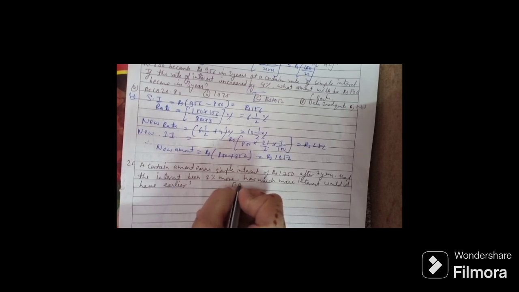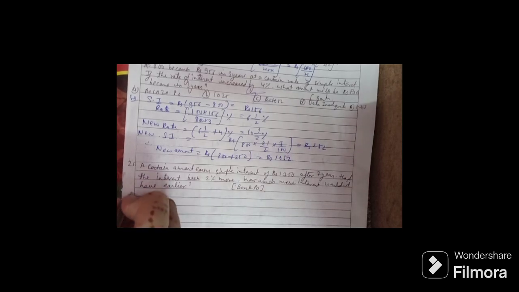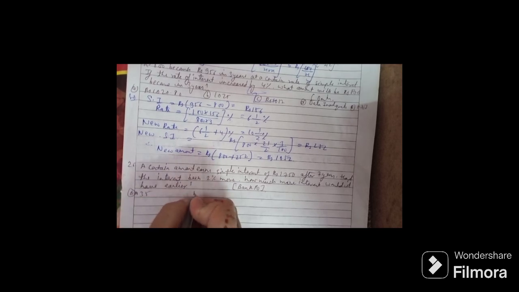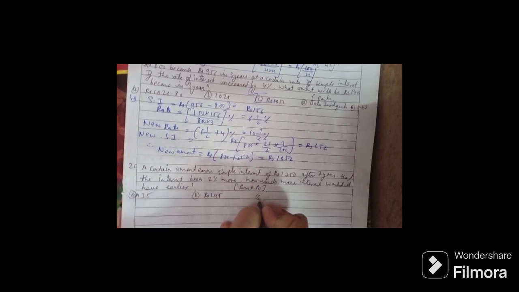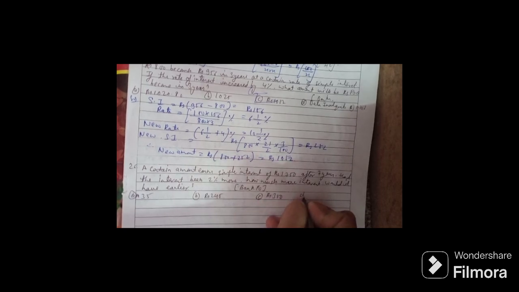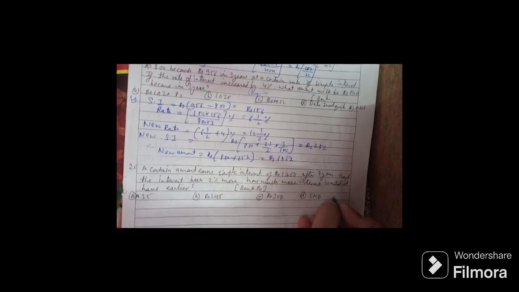This has been asked in the bank PO question paper. Options are rupees 35, rupees 245, rupees 350, cannot be determined, and none of these.